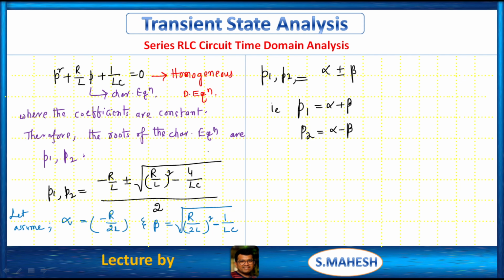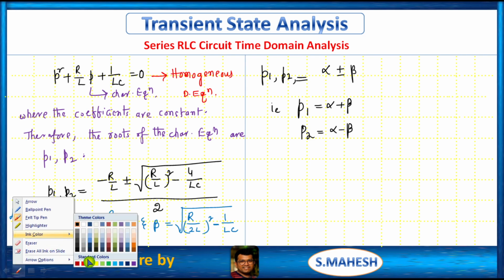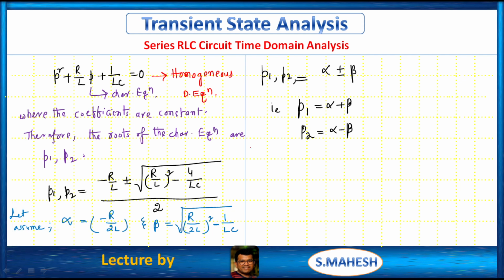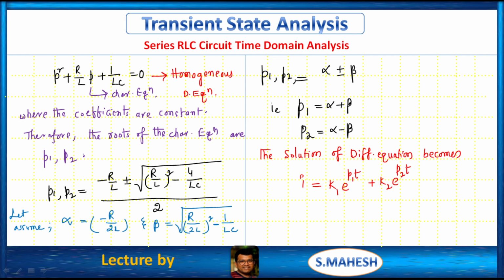For this, therefore, what is the solution? We have different roots, right? Solution of differential equation becomes I is equals to K1 into e power P1t plus K2 into e power P2t.